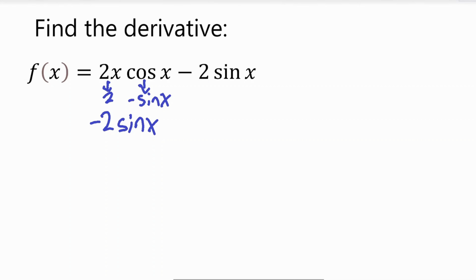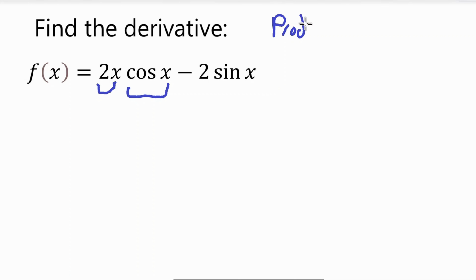But that's wrong. Whenever you have two separate entities multiplied and you want to find the derivative of them, you have to use the so-called product rule. And the product rule is as follows.